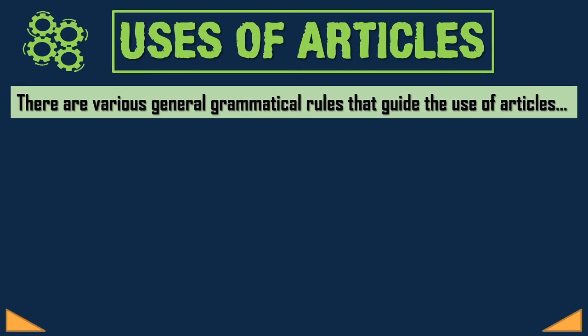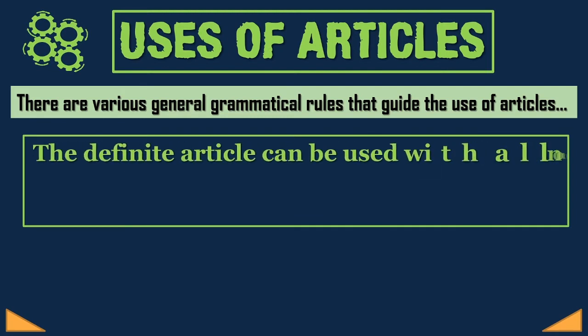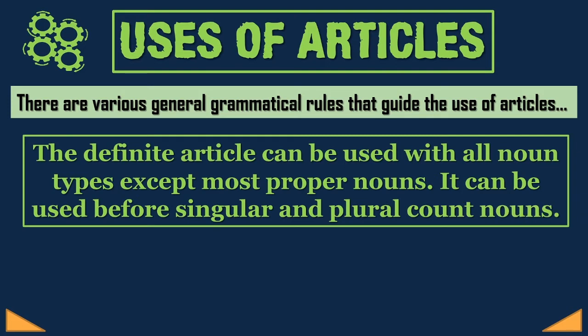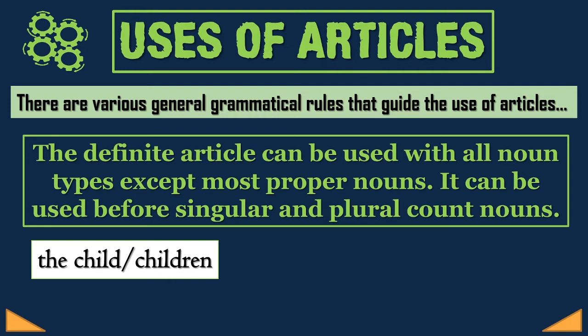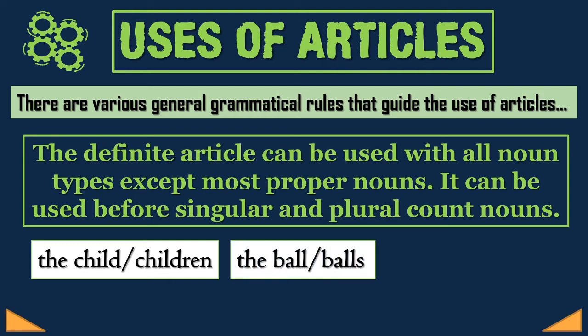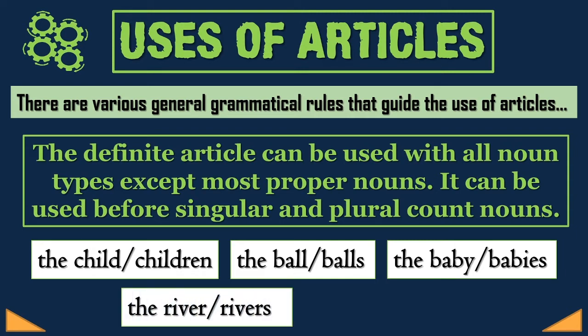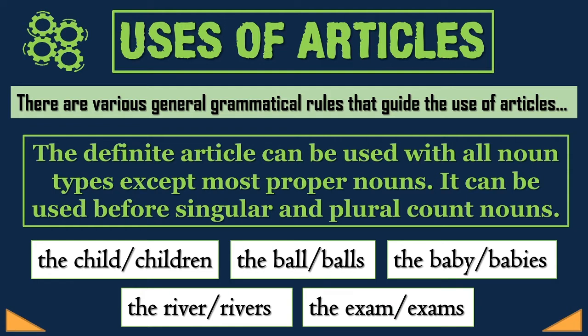There are various general grammatical rules that guide the use of articles, and they are as follows. Number 1, the definite article can be used with all noun types except most proper nouns. It can be used before singular and plural count nouns, as you have in the children or the child, the ball or the balls, the baby or the babies, the river or the rivers, the exam or the exams, and so on and so forth.